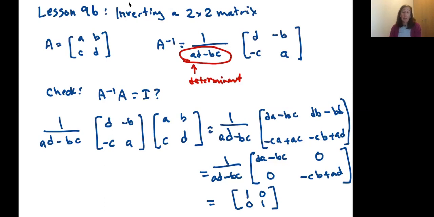Okay, so that is the process. We just proved that it works for a 2 by 2 matrix. We'll see in the workshop for this unit, we'll use this in a regression example.